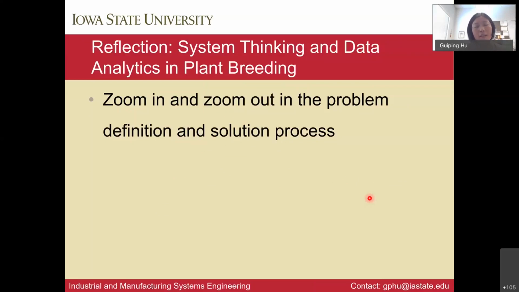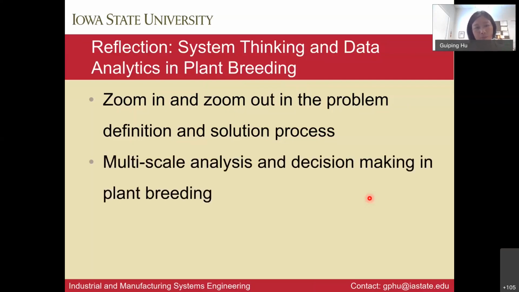One thing I want to say is that it's important to zoom in on the problem and sometimes zoom out to look at what I am doing and how it plugs into the overall process. That applies to problem definition as well as the solution process.